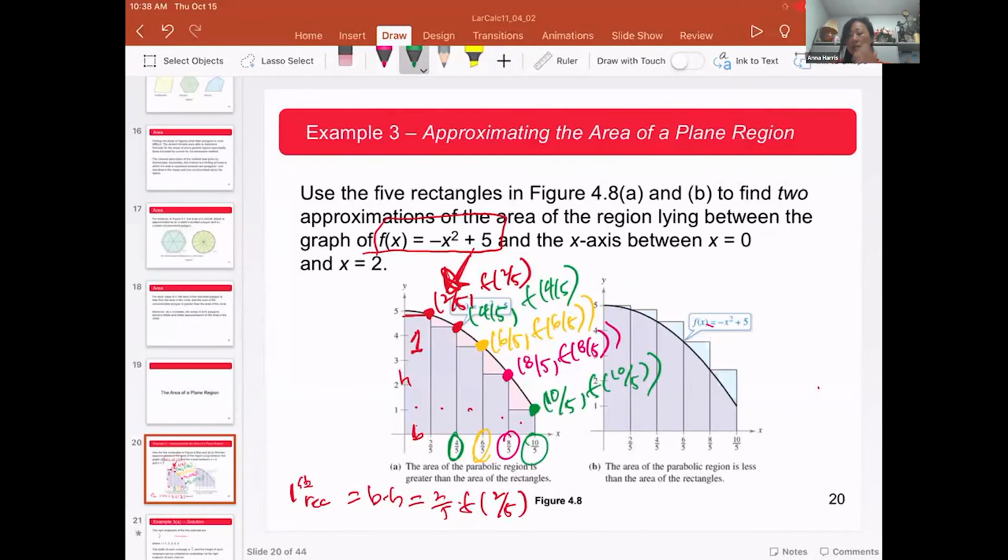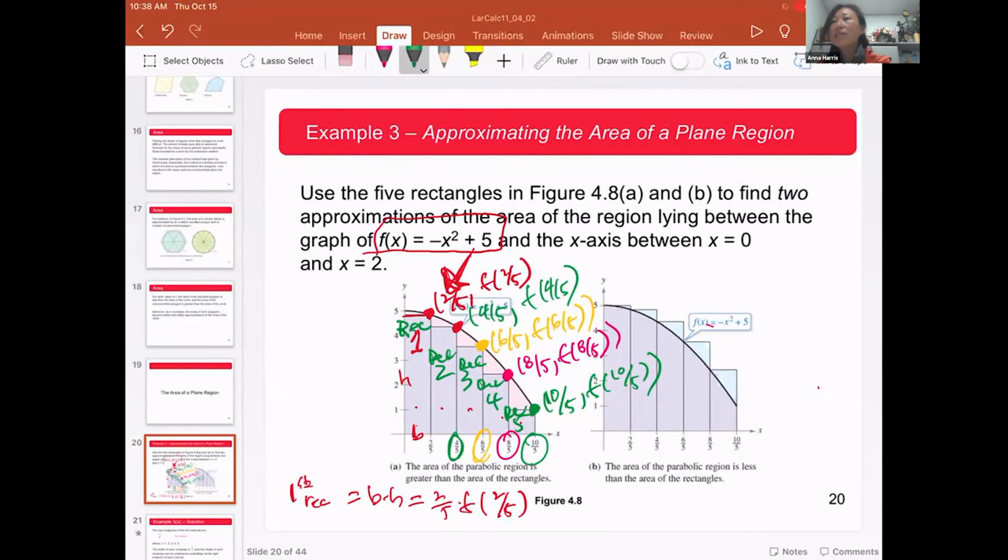So in other words, I can find the area under the curve using these rectangles. Rectangle 1, rectangle 2, rectangle 3, rectangle 4, rectangle 5. When I add them together, I get the area under the curve.